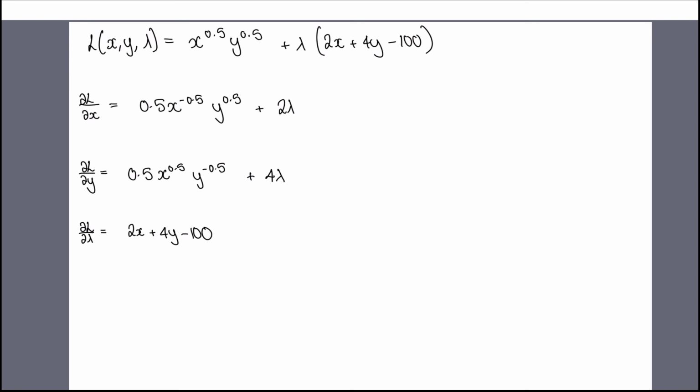Like we mentioned before, first order conditions are always equal to 0, so we can equate all of these to 0. What I will now do is multiply this equation by 2, so that we get x to the power of negative 0.5 multiplied by y to the power of 0.5 plus 4 lambda is equal to 0. And rewriting this equation, we get this.